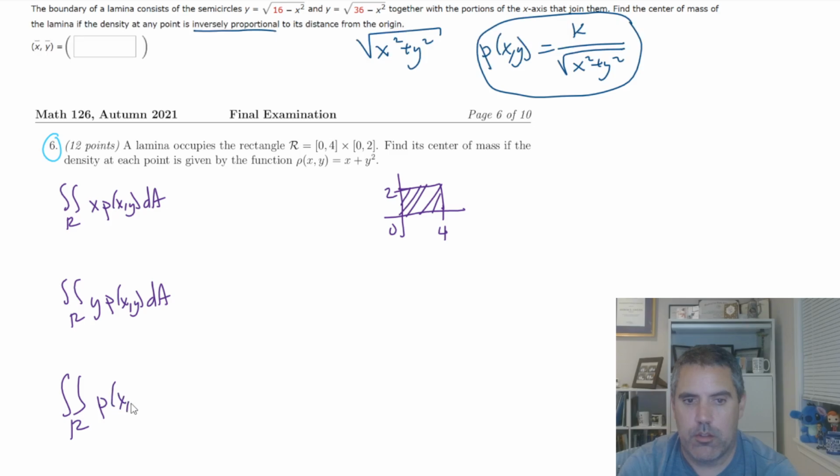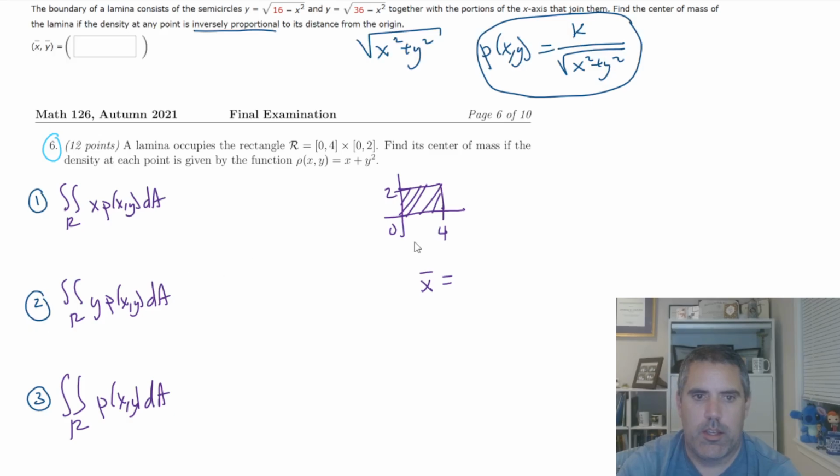After you've computed those things, you'll put them together and get x bar is, let's call this something, 1, 3, 2. X bar is going to be 1 over 3. Y bar is going to be 2 over 3. And then you would stop.